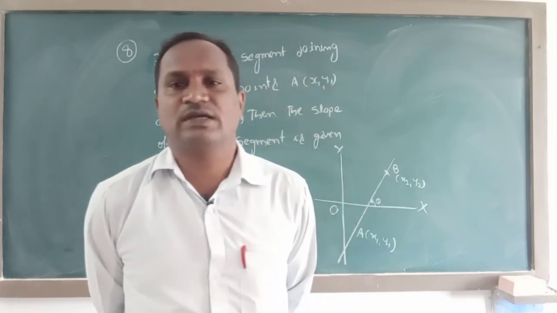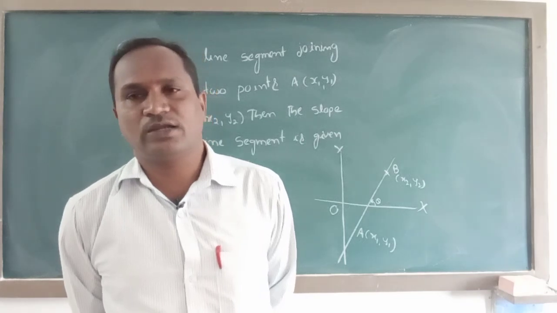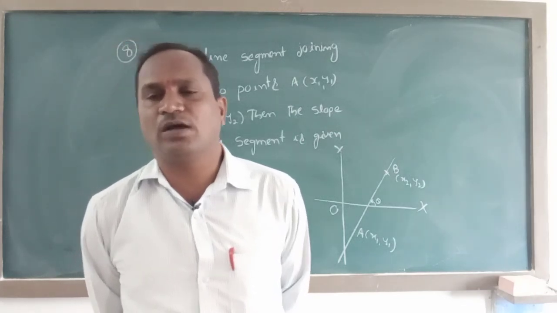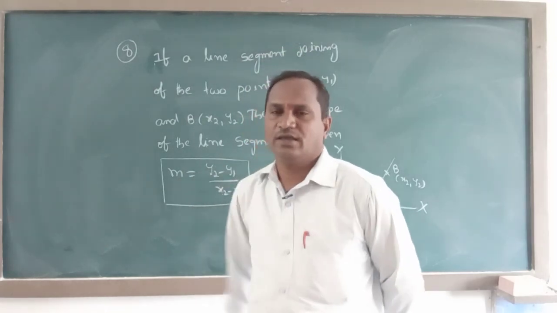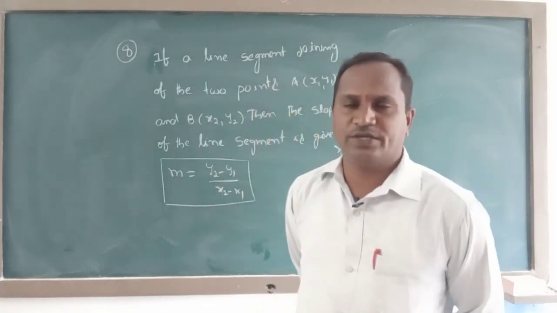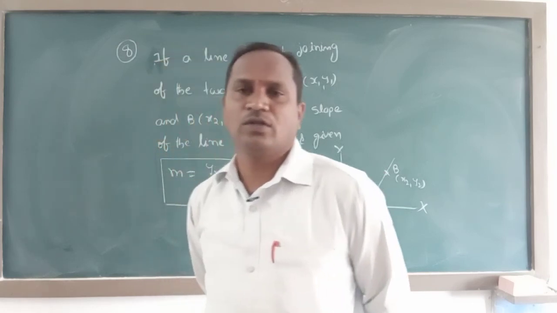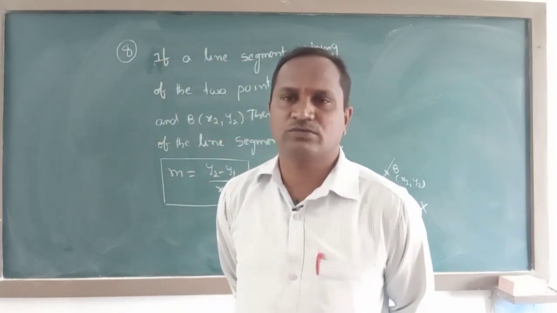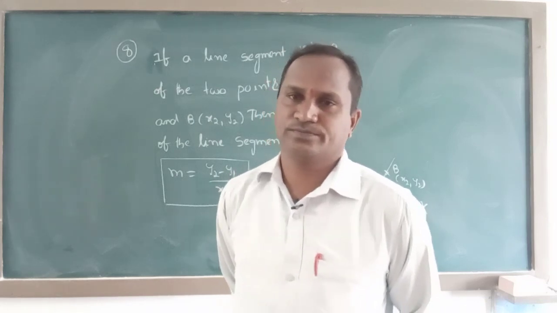Next class onwards I'll tell you the proof of how we get the slope formula. That is, if a line segment joins 2 points A x1 y1 and B x2 y2, then the slope of the line segment m is equal to y2 minus y1 by x2 minus x1. For that I'll give you the proof also.